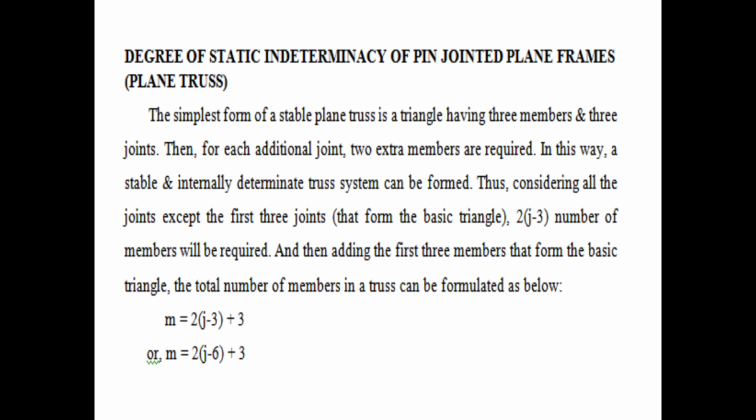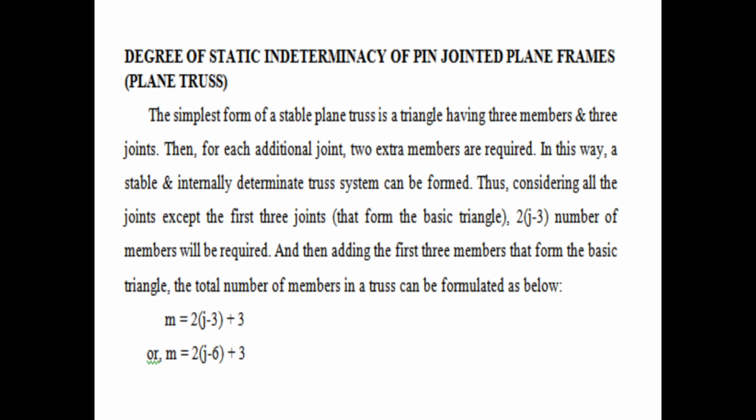Thus, considering all the joints except the first 3 joints that form the basic triangle, that is, 2j minus 3 numbers of members will be required. And then adding the first 3 members that form the basic triangle, the total number of members in a truss can be formulated as below.